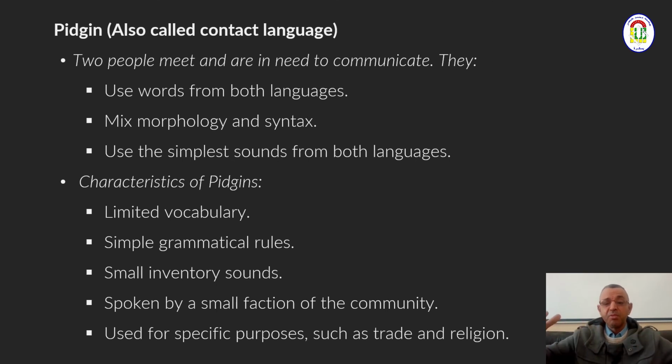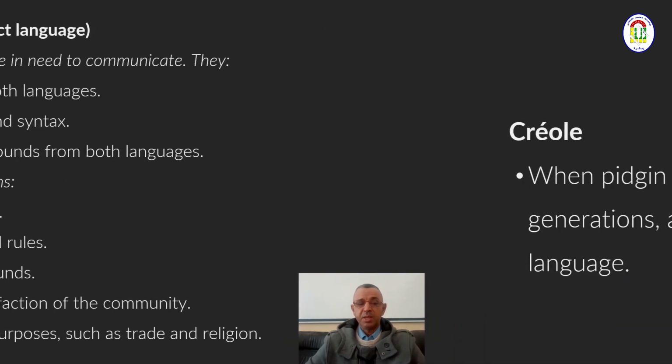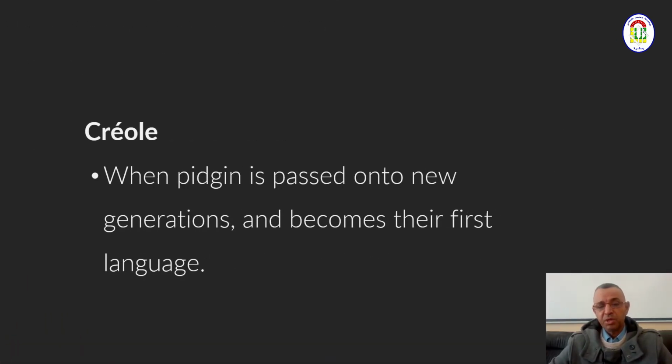They grew in space and in time, and with time became spoken by a large population. In this case we talk about creolization. A Creole language means that a pidgin is passed onto new generations and becomes their first language. So it becomes a Creole.